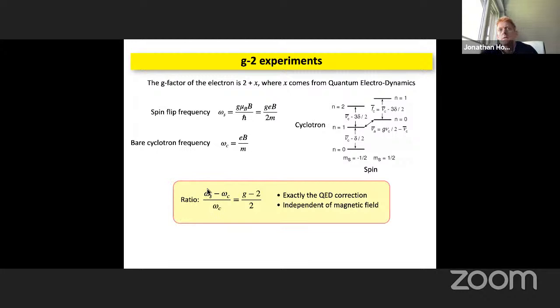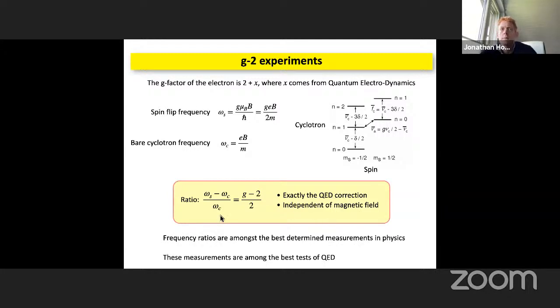When we take the difference of the spin and cyclotron frequencies and divide it by the bare cyclotron frequency, it gives you the difference between the g factor of the electron and 2, which is exactly what you want to know about quantum electrodynamics. And this ratio is independent of the magnetic field, because all of these parameters are proportional to the magnetic field, so the field itself drops out. If you can measure this ratio, then you can measure QED independent of what magnetic field you use.